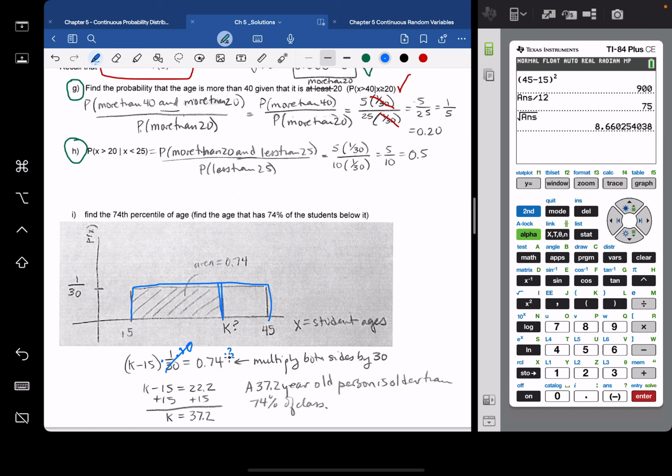If I multiply this side by 30, I get 22.2. 0.74 times 30. Okay. And then K minus 15 equals 22.2, so then I add 15 to both sides. Here this cancels out, and here plus 15, 37.2. So if you are 37.2 years old, then you are older than 75% of the class.